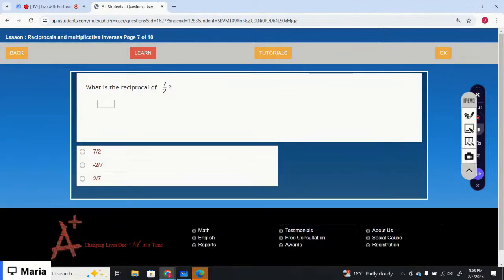What is the reciprocal of 7 by 2? That is 2 by 7. Option number 3 is the correct option.